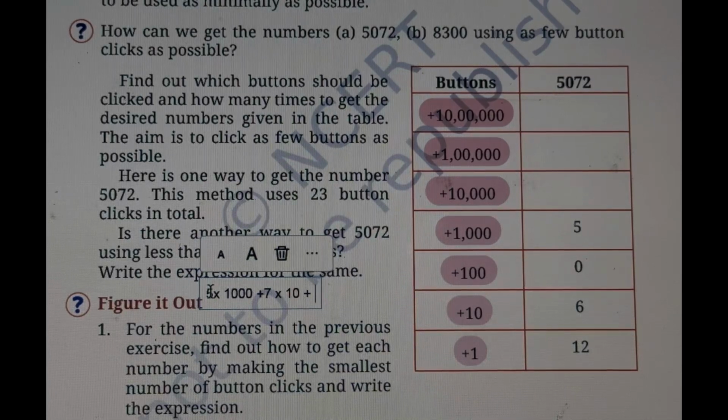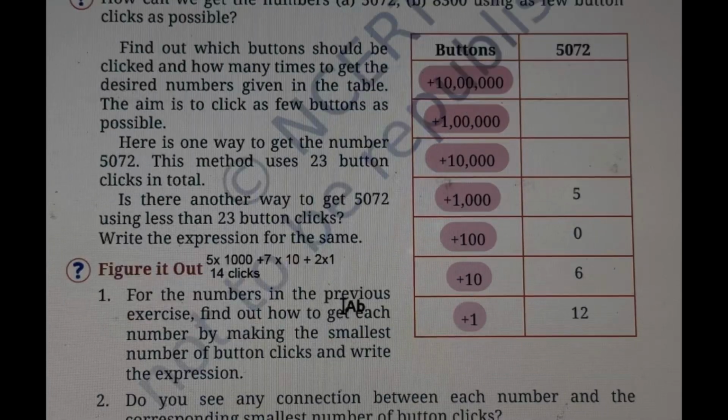And now ones button will be only 2 times. Right, so here how many clicks are we getting? We are getting 5 plus 7, 12 plus 2, that is only 14 clicks. Right, so this is the answer for the question given.